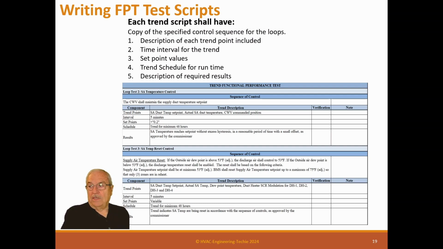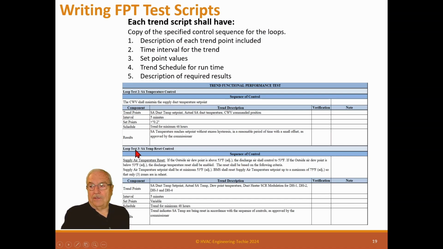So what I normally put in here is: supply air temperature reaches set point without excess hysteresis in a reasonable amount of time with a small offset as approved by the commissioner. That's what I normally say. The commissioner gets the response of the trends and he approves them or not. They're right or wrong. This is the one thing you can't approve in a system.